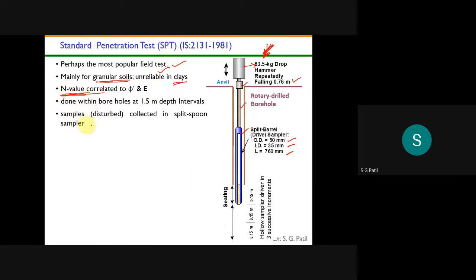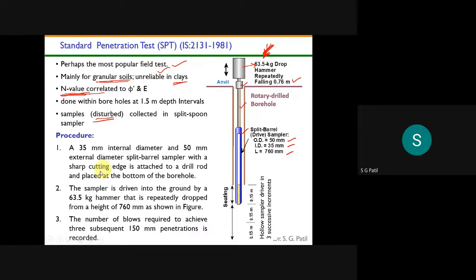The sample we get is a highly disturbed soil sample, and it can be used only to find the index properties, like sieve analysis or specific gravity. You cannot use this soil sample in the lab to calculate the engineering properties.